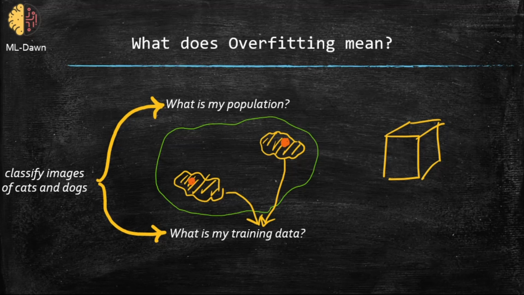That's fine. However, what if that data happens somewhere around here? If that is given to my machine, will the machine be able to classify that correctly?